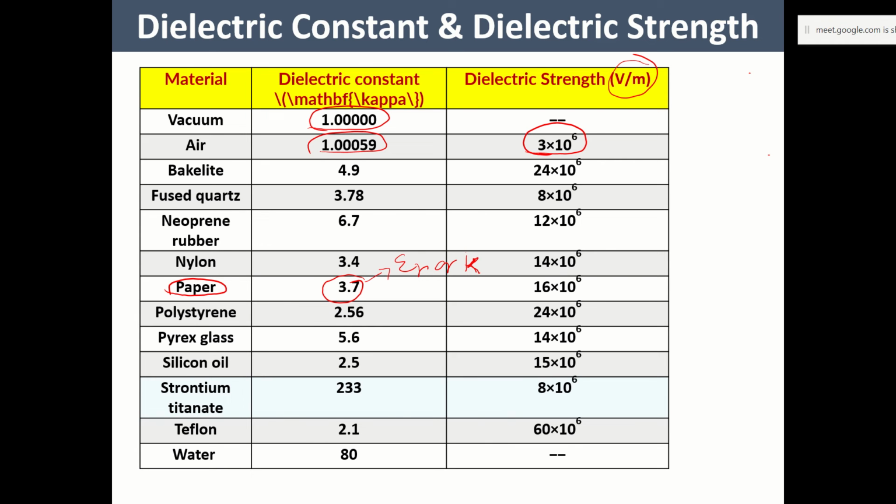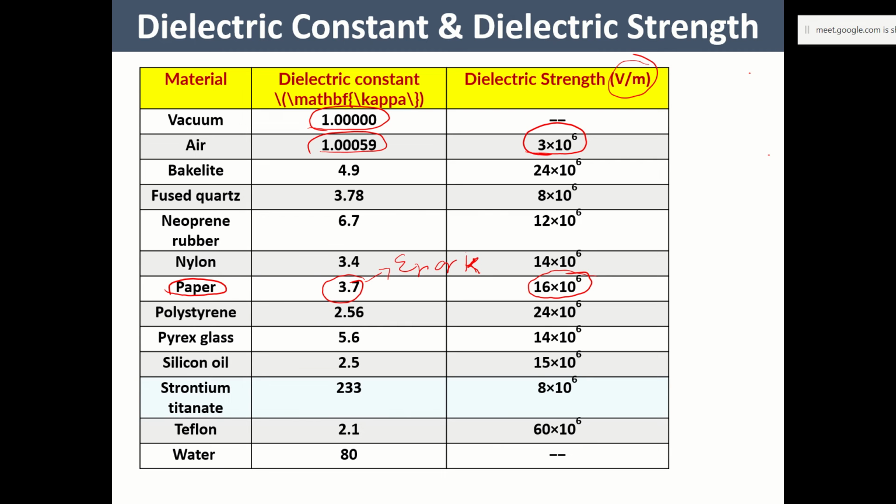These are the two symbols that we assign to dielectric constant, and see its dielectric strength 16 into 10 to the power 6. So as compared to air, you can clearly see that even if you use a sheet of paper between two parallel plates, that is a better situation, and you can have a better capacity to store charges.